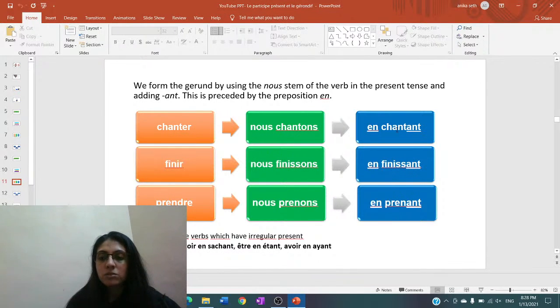So, next verb, finir: nous finissons, present tense, finissons, double S, O-N-S, remove O-N-S, put A-N-T, it becomes finissant. En as the preposition plus the present participle of the verb. En finissant.